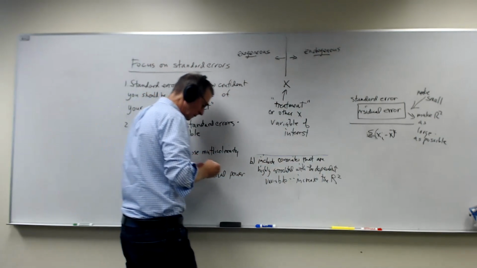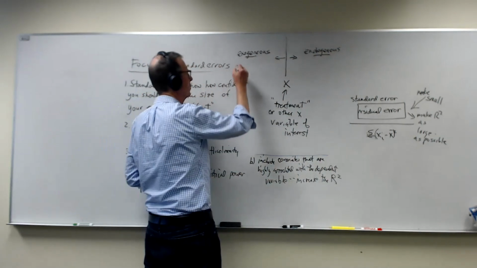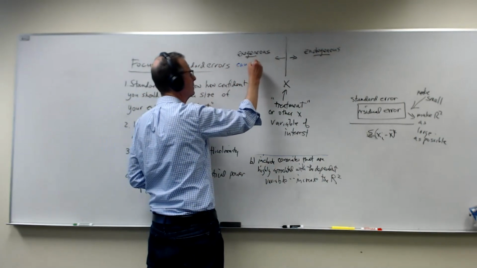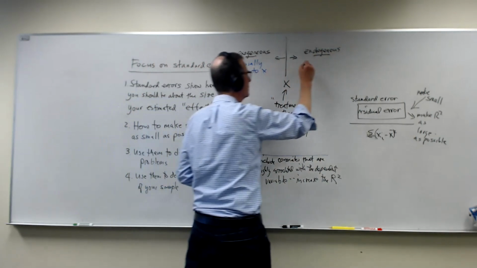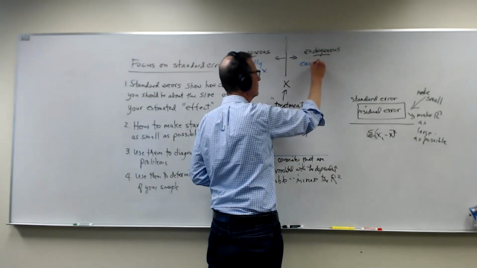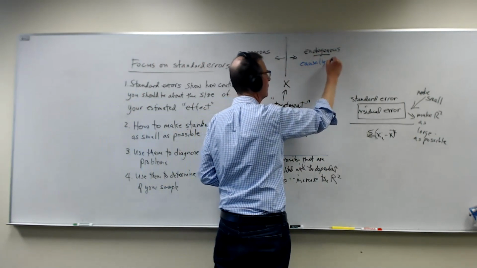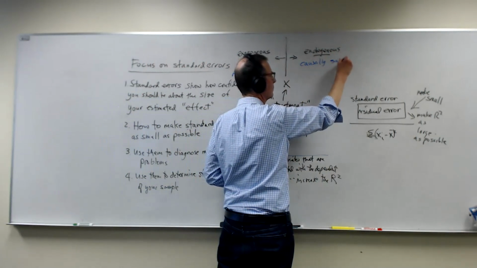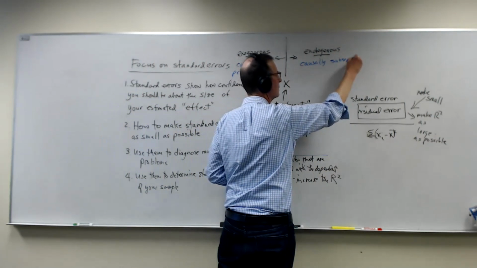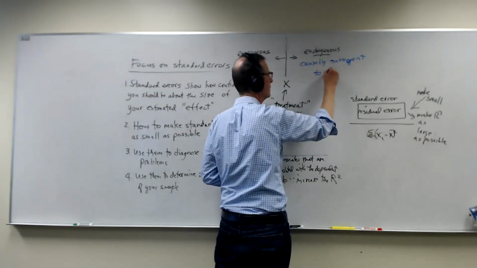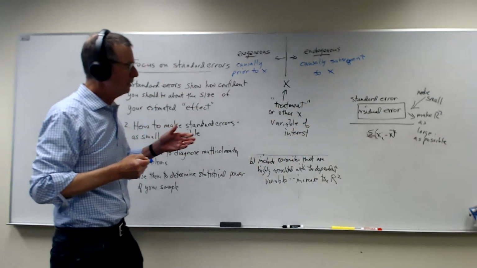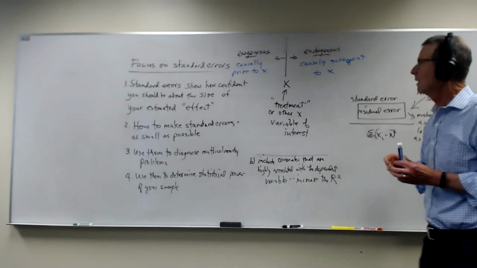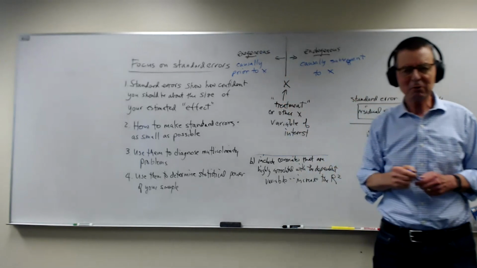You can think of exogenous as causally prior to X, and endogenous as causally subsequent to X. And in this particular case, if you want to make the R square as large as possible and include additional variables to do that, any exogenous variable is fair game.